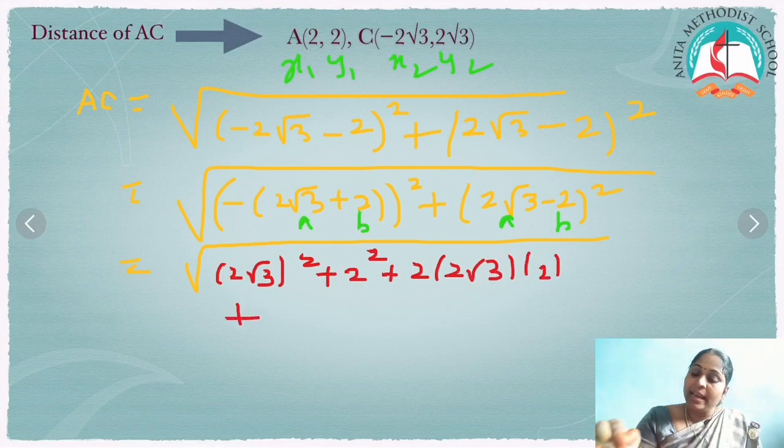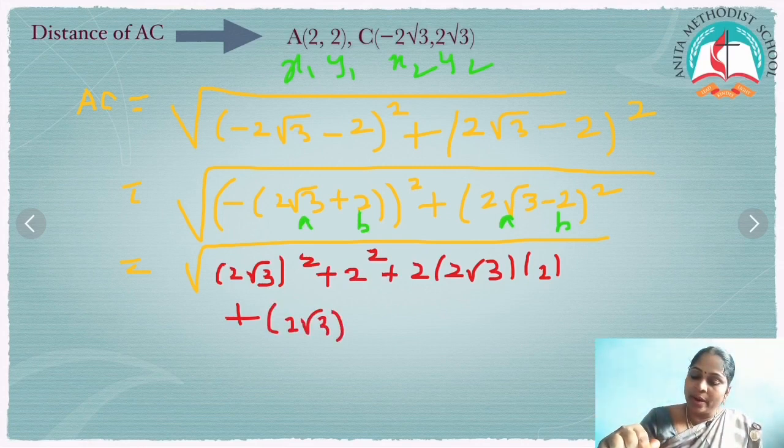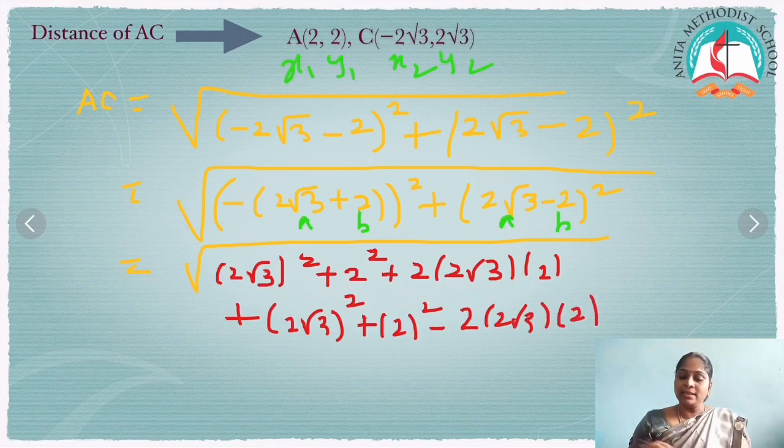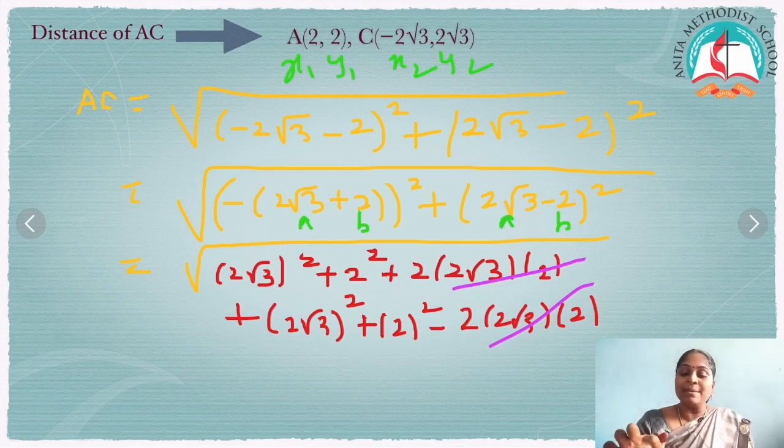Next, a minus b the whole square. So a square plus b square minus 2ab. Next, these 2ab are cancelled because of the zero pair. So what is the remaining here?